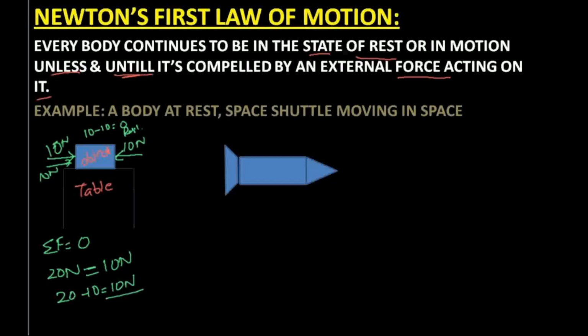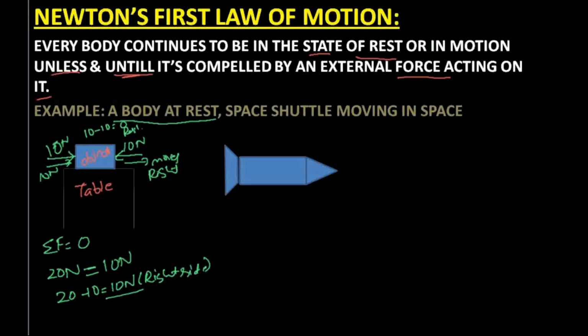It acts on the right side, so the body moves to the right. When there is an unbalanced force, it moves according to the force applied. So here in this case it will move to the right. This is one example, a body at rest when a force is acted upon it.